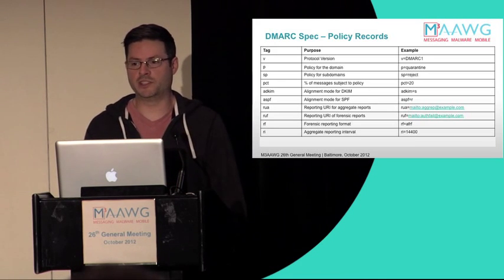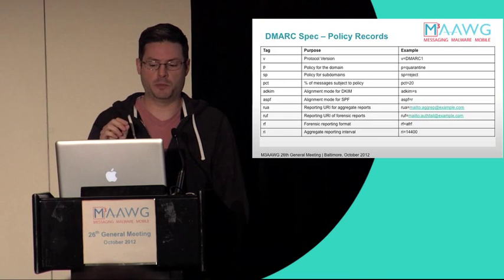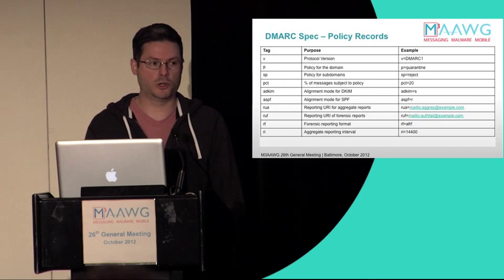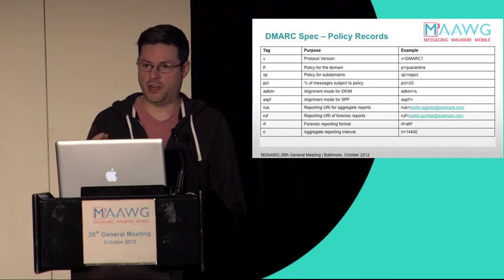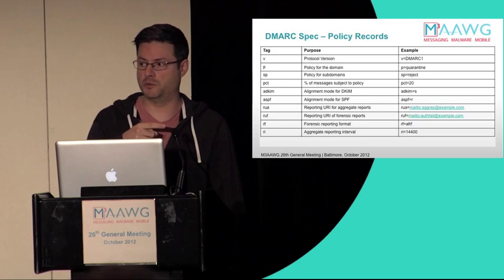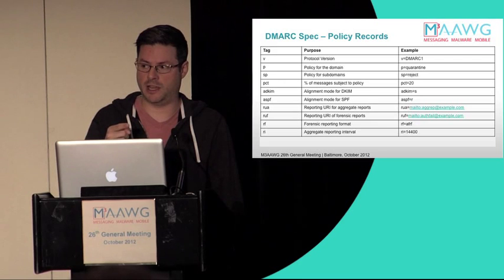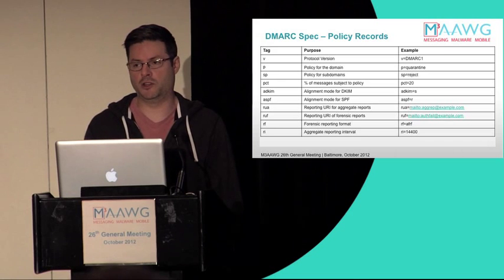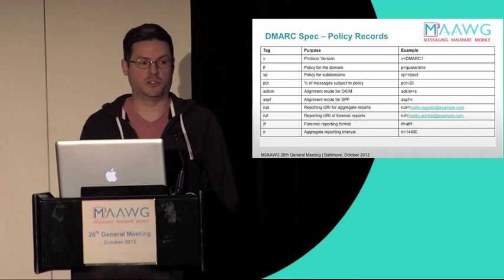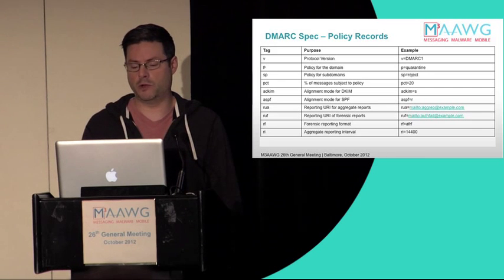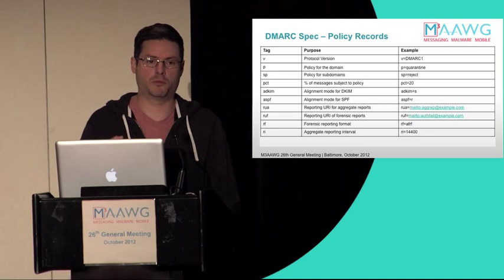The way that we've designed it is that you can think of the percentage field as sort of a mixer. So if your policy is quarantine and it's at 50%, that other 50% of the messages will fall back to none. If your policy is reject, then the 50% that are selected out will fall back to quarantine. We've been at this for about two or three years in serious discussion of the different drafts. Where we arrived is we want the process of policy deployment to be iterative.